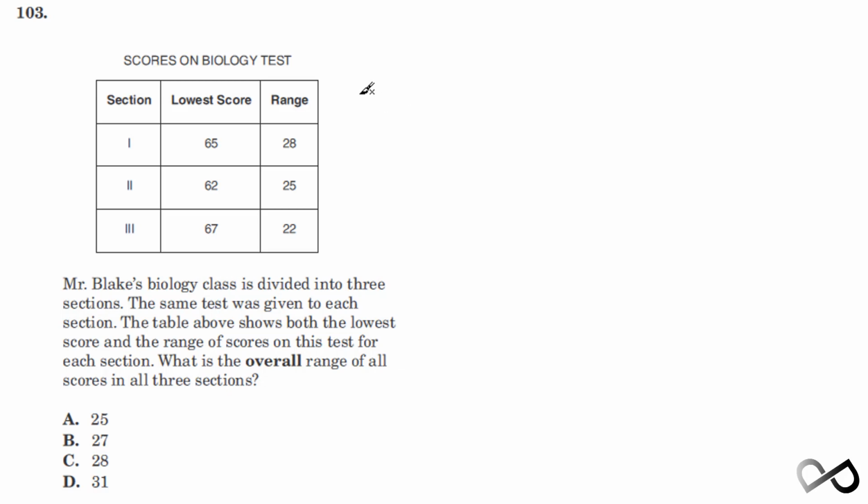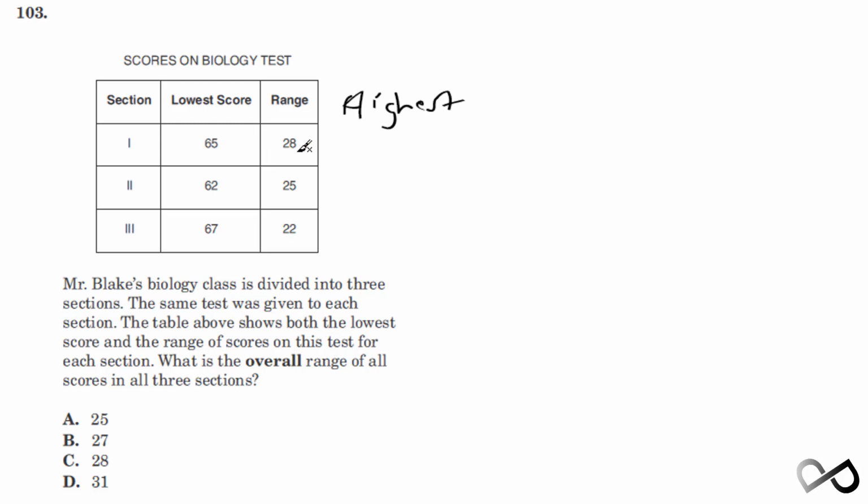All right, that's a lot of alls. So what we're going to do is they give you the lowest score in each section, and they also give you the range. So what we can actually figure out is the highest score for each section. And the way to do that is just add these two numbers.